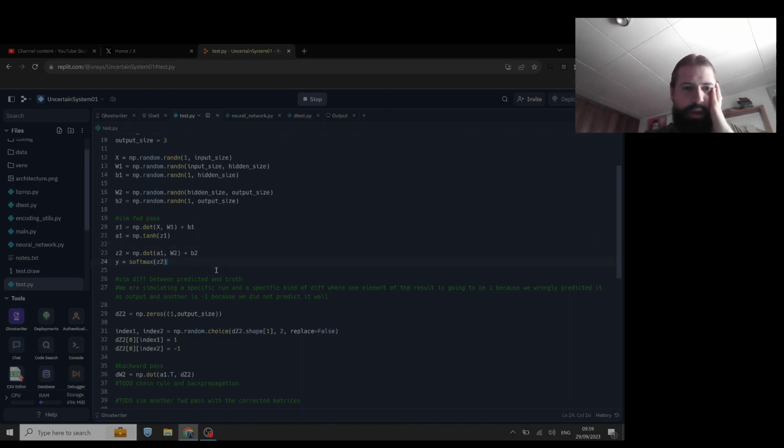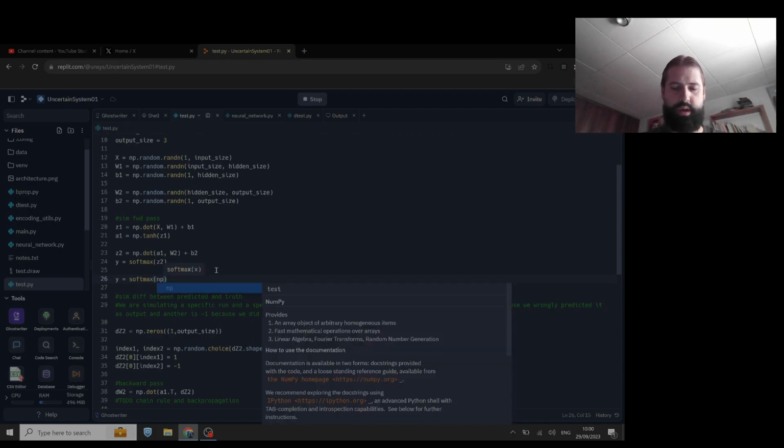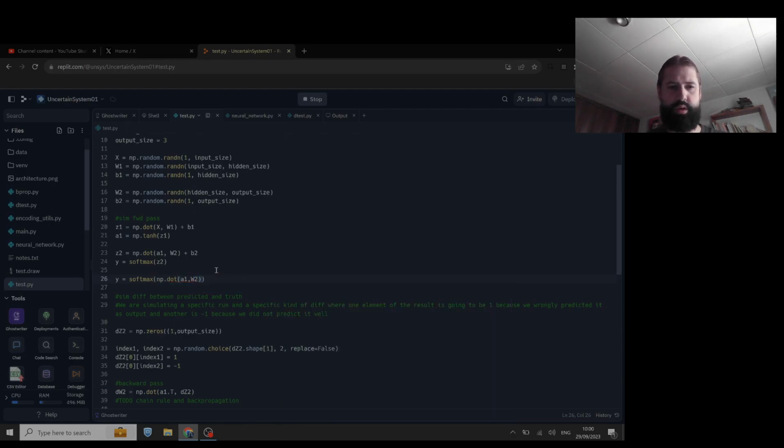In a way, you can just say the output is equal to softmax of Z2, which is the dot product between A1 and W2, plus B2, correct?